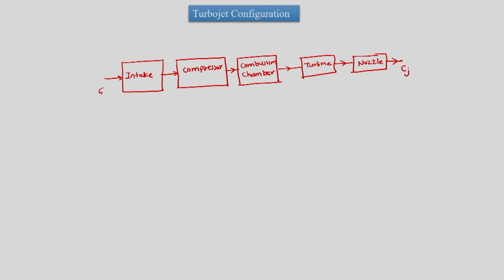Cj, where the entering velocity is Ca, and then we generate the thrust, which depends upon Pj, Pa, Cj, Ca and also m dot.